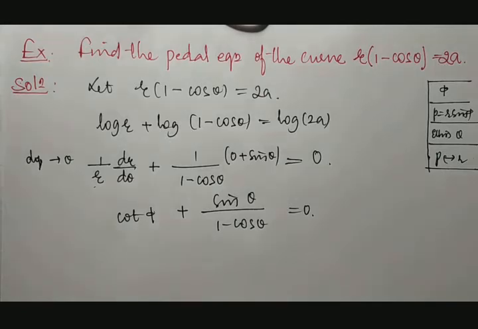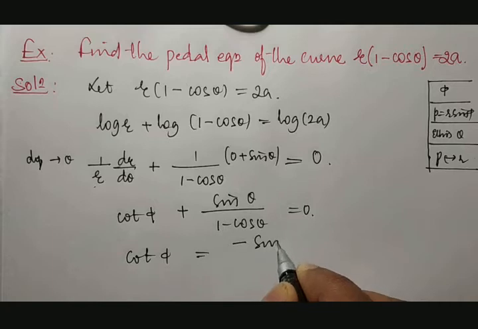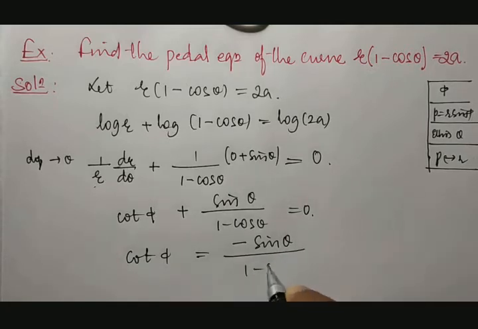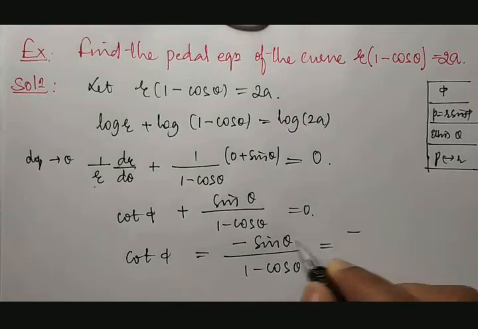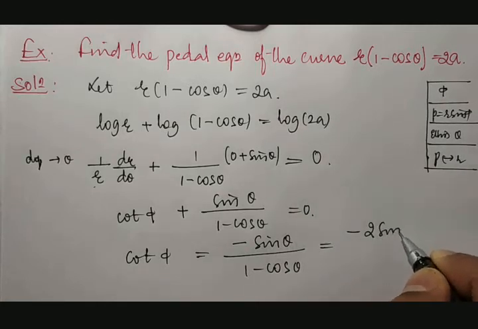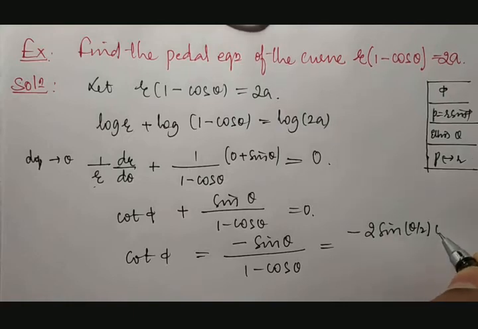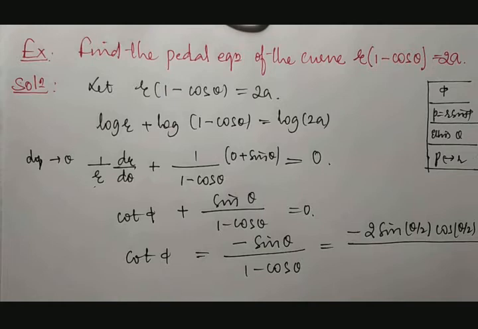Fine. Then what to do? This is nothing but cot φ. I'll be taking it to the other end. Then it becomes cot φ = -sin θ/(1 - cos θ). Sin θ can be written as 2 sin(θ/2) cos(θ/2), divided by 1 - cos θ. 1 - cos θ can be written as 2 sin²(θ/2).